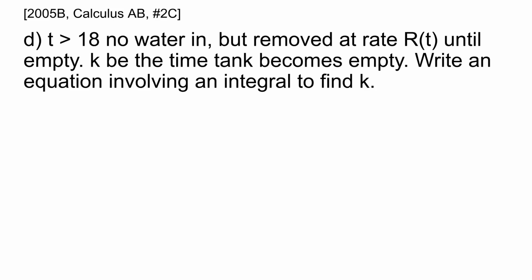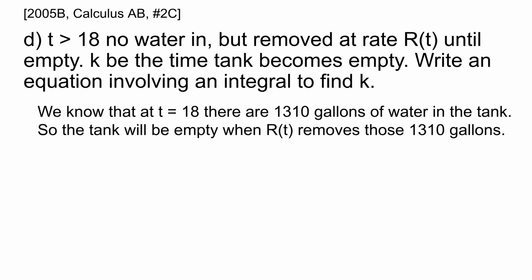Write an equation involving an integral to find K. We know from previous parts of this question that at t equals 18, there is 1,310 gallons of water in the tank. So the tank will be empty when the rate function R of t, that tells us how fast water is being removed from the tank, removes those 1,310 gallons.